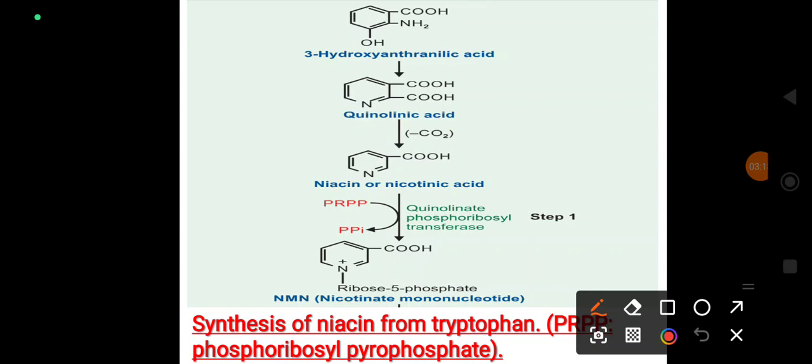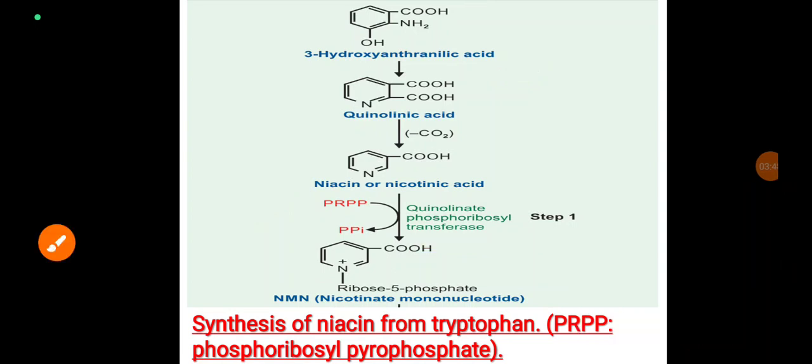From 3-hydroxyanthranilic acid, how do we get nicotinamide mononucleotide? By the enzyme quinolinate phosphoribosyl transferase, in the presence of phosphoribosyl pyrophosphate, it gives you nicotinamide mononucleotide. This phosphoribosyl pyrophosphate gives you the ribose sugar as well as the phosphate group, from which we get nicotinamide mononucleotide.